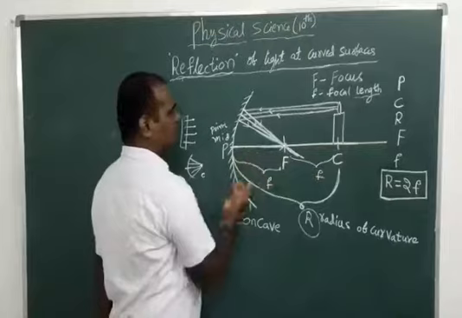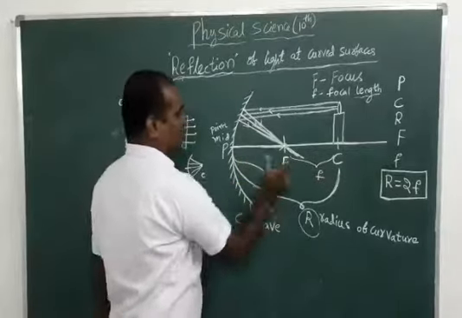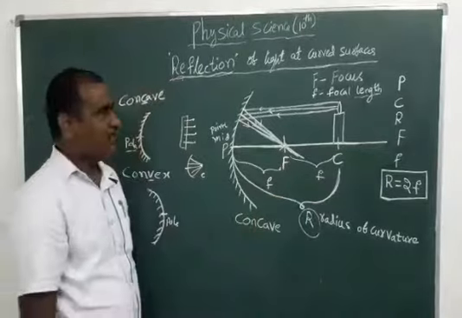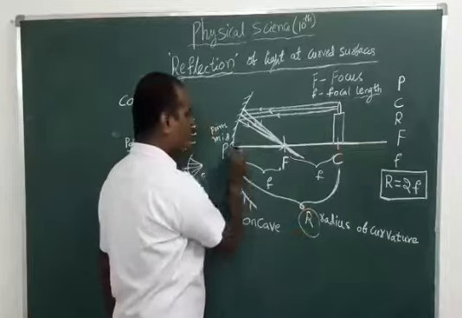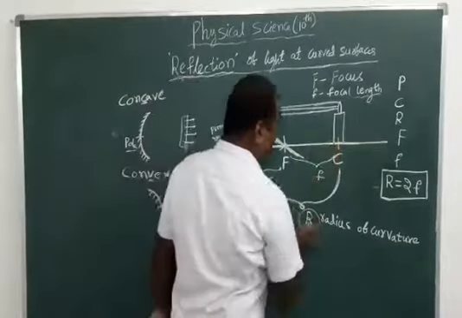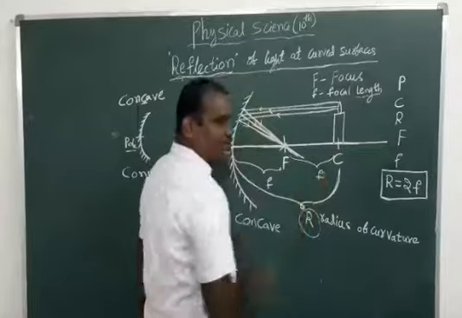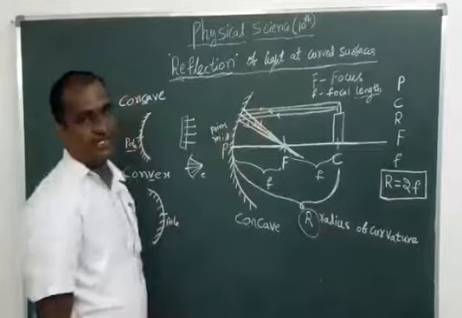Pole to focus is one length. Focus to center of curvature is one length. These lengths are called focal length. So this total length is radius of curvature. In that only two equidistant focal lengths are there. So from this we can conclude that radius of curvature is equal to double of focal length.